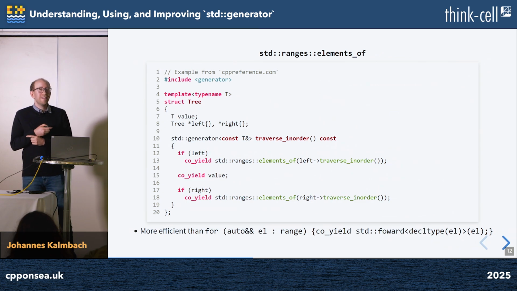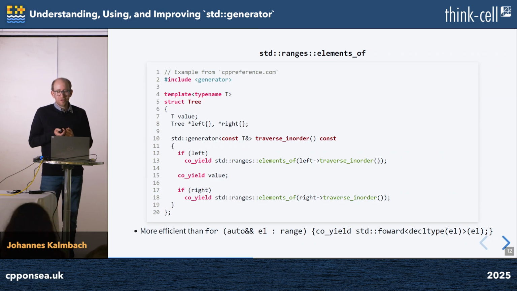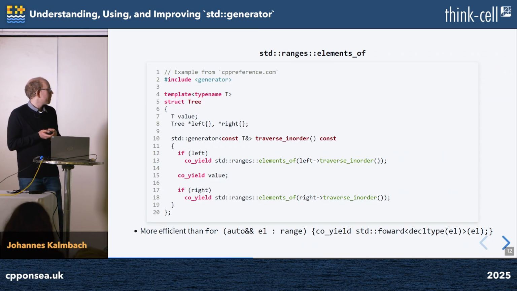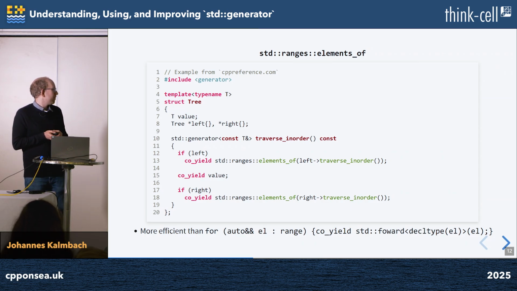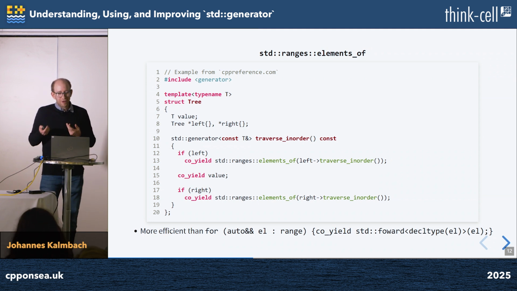The last thing that you can do with the generator is a special yielding tag type, let's call it, called std ranges elements of. You see this example taken here. We have a tree, and a standard tree has a value at the root node, and then optionally, if it's not a leaf, it has possibly a left and a right child.